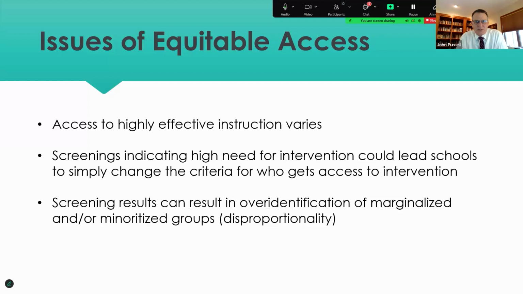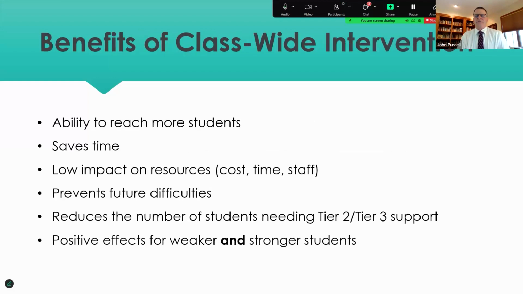So sometimes we can change that criteria to get access to intervention. And I've seen some schools do that just to get more Title I funding, which is not really ethical. But anyway, it is a matter of equitability, making sure all students get what they need and deserve.